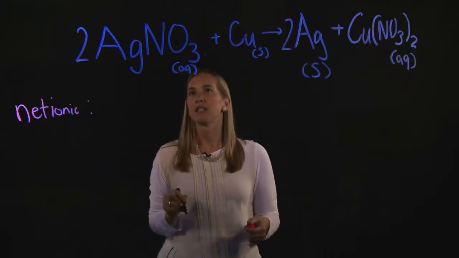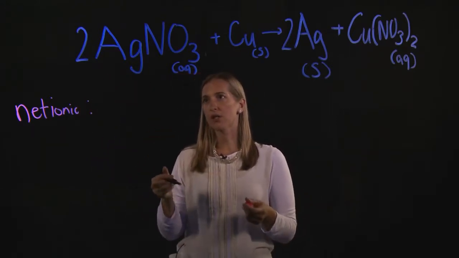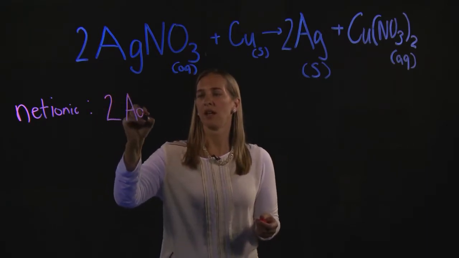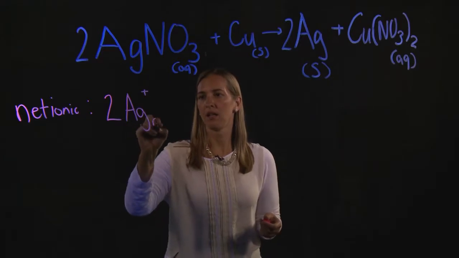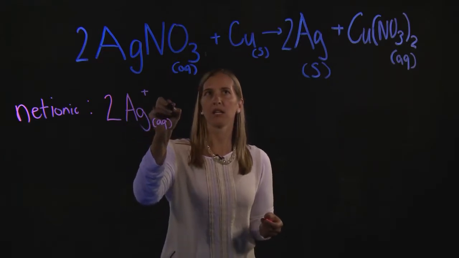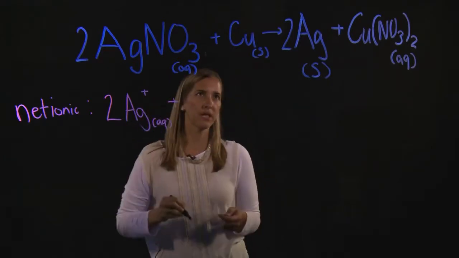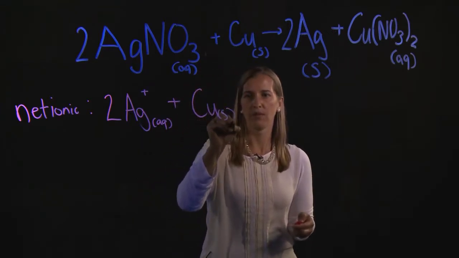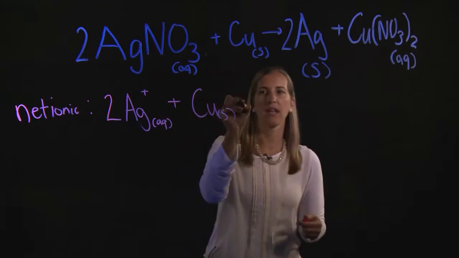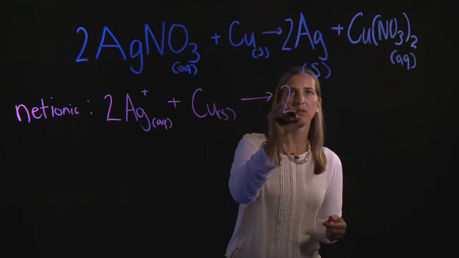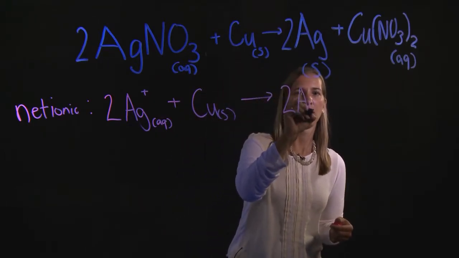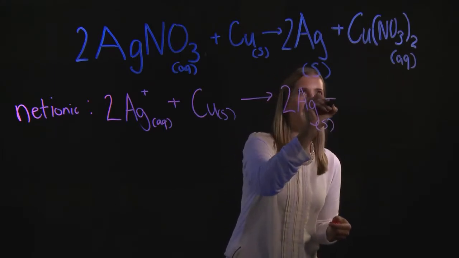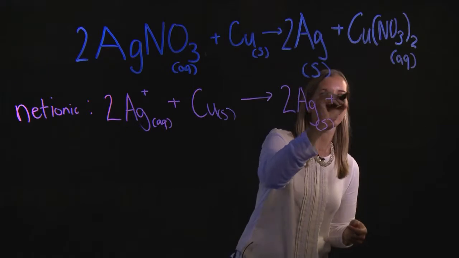We have silver nitrate here, so the silver is a +1. It is reacting now with the copper, which is solid, and on the other side now we have 2 Ag and copper ions.